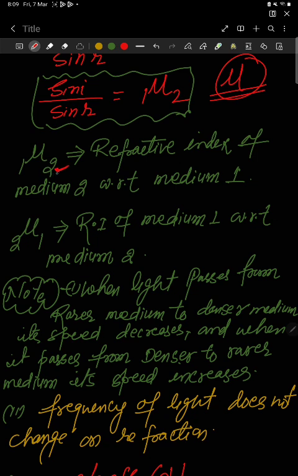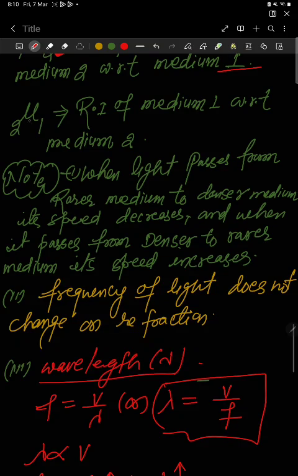So it is the refractive index of medium 2 with respect to medium 1. Whatever is written last, we are finding the refractive index of that medium with respect to the first one. Suppose here I have written 2 mu 1, so it will be read as refractive index of medium 1 with respect to medium 2.